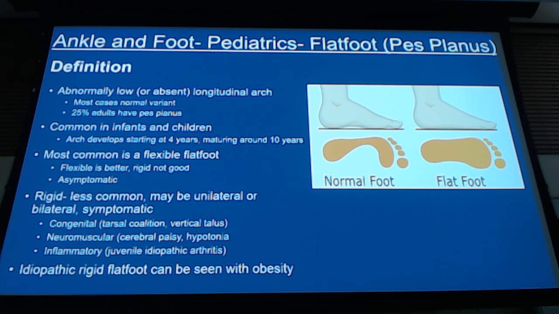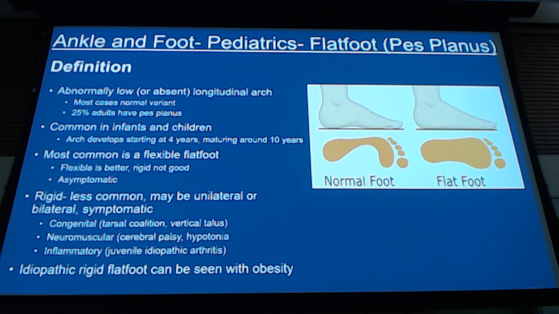So the arch doesn't really start developing in kids until they're about 4 years old. And by the time they get to 10, 11, 12, in their preteens, they're starting to develop a very pronounced arch. You will notice that young preteens that are heavily engaged in sports and wearing improper shoes tend to carry on that flat feet throughout their preteen and sometimes into their teen years.